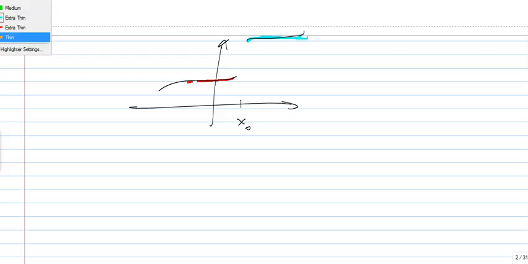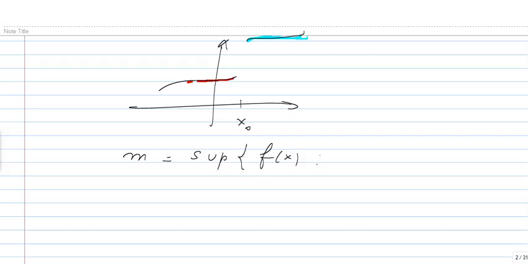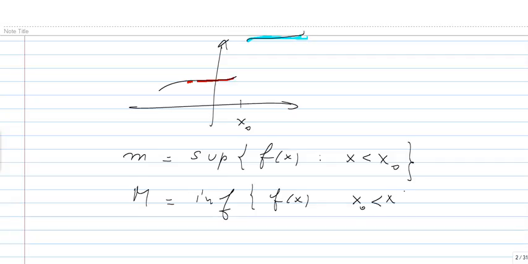So let's call little m the supremum of f of x when x is less than x0, okay, and capital M the infimum of f of x when x0 is less than x.